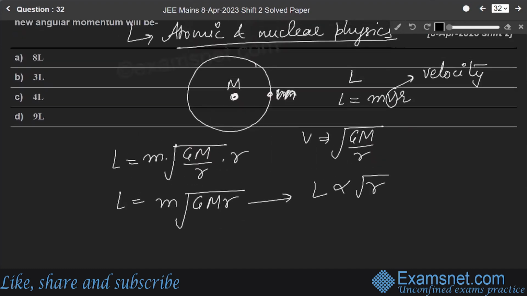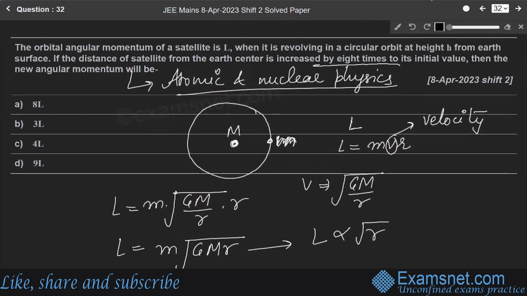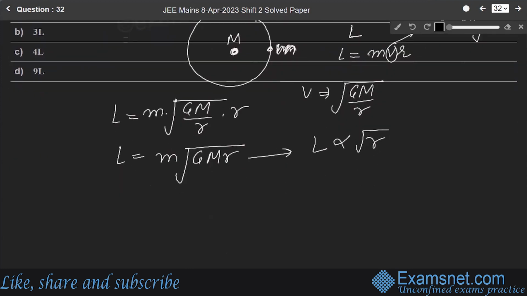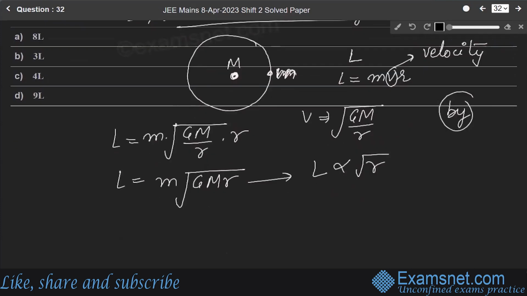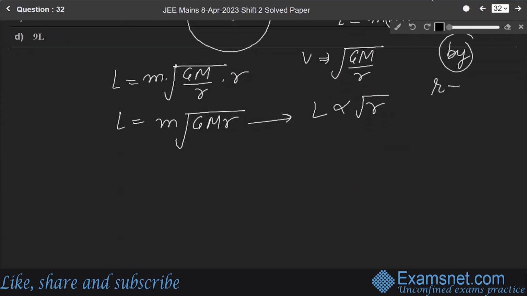Now the question says that the distance of the satellite from the Earth center is increased by 8 times. It is not saying to 8 times, it is saying by 8 times. By 8 times means if at first the distance is r, the new distance will be r plus 8r, that is 9r.